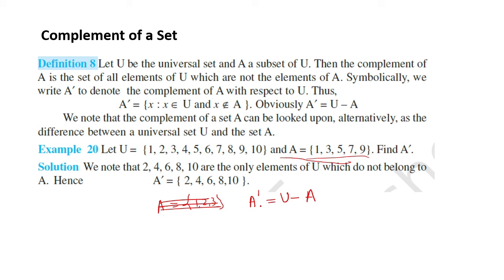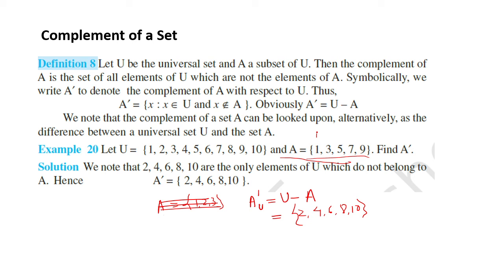But if it is given that another set, suppose B equal to 1, 3, 4, 5, 6, 7, 8, something like this, and I ask you to find the complement of A with respect to B, then you have to find B minus A. So it depends.